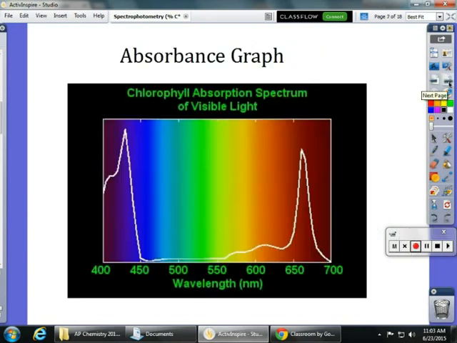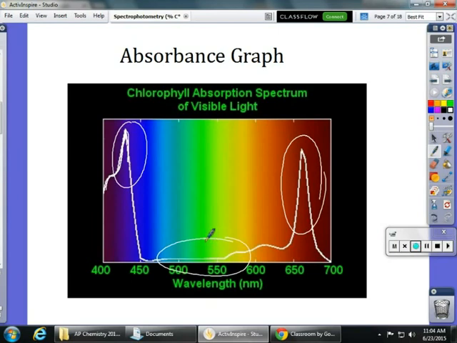Here's a sample graph. So let's say you were going to sweep across the wavelengths and look at something like chlorophyll, and we were to plot it out. You're going to see that chlorophyll gives you a graph, this white line coming across from the violet all the way to the red. There's a strong peak absorbance here in the violet range, and there's a strong absorbance somewhere in the red range, and very little absorbance here in the middle range in the green section.